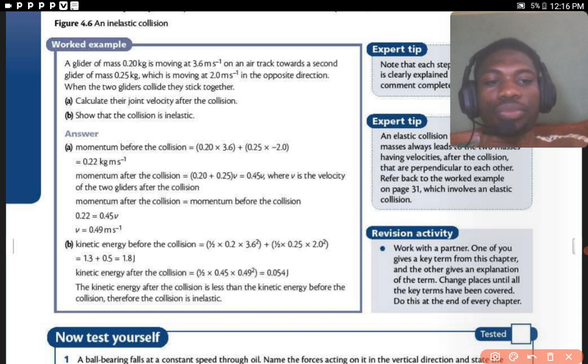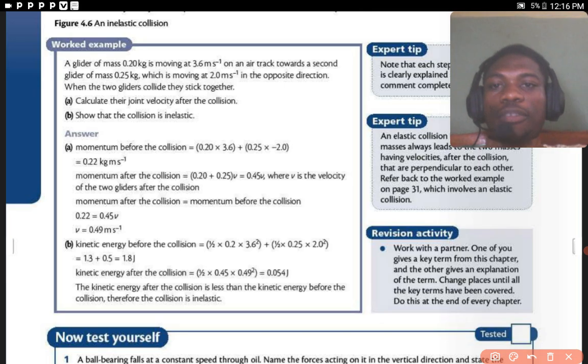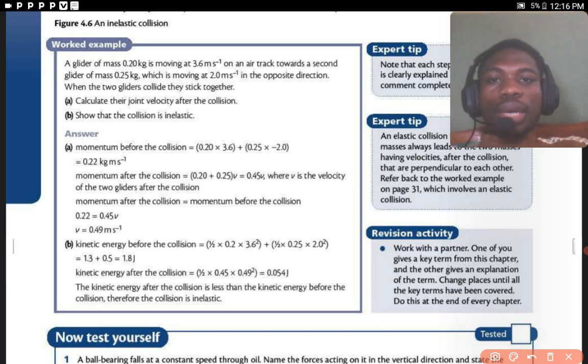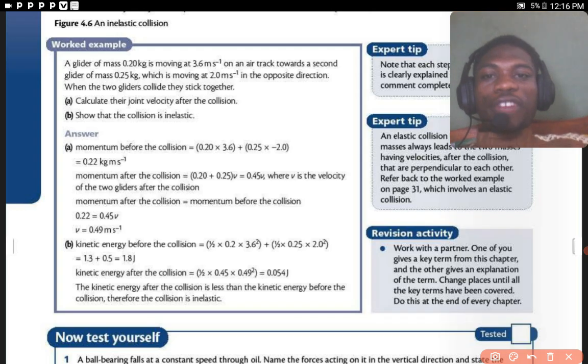Then we're going to look at it. A glider of mass 0.20 kilogram is moving at 3.6 meters per second on an air track towards a second glider of mass 0.25 kilogram, which is moving at 2.0 meters per second in the opposite direction.